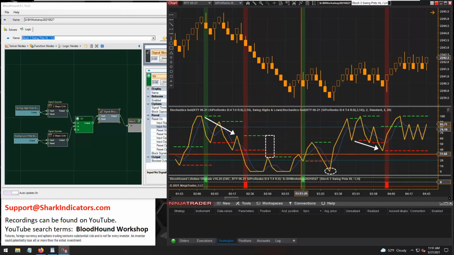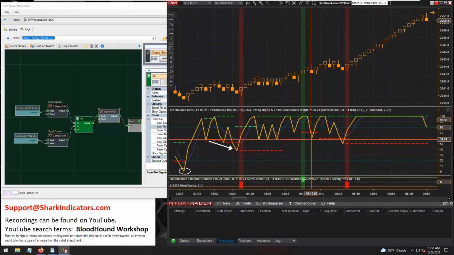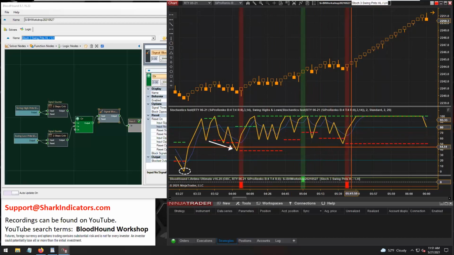So we got a long signal too early. The long signal should have been over here at this swing high: swing high, swing high, swing high. Here are some swing lows stepping up. I'm looking at that short signal.